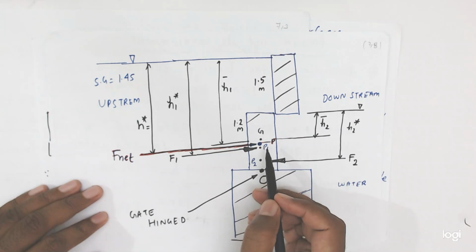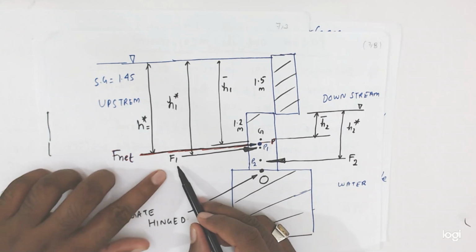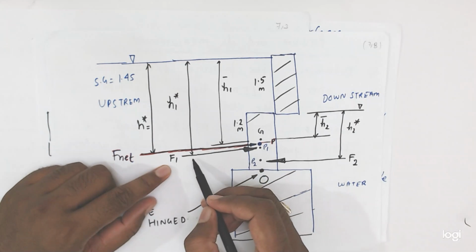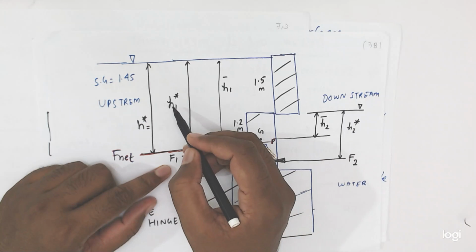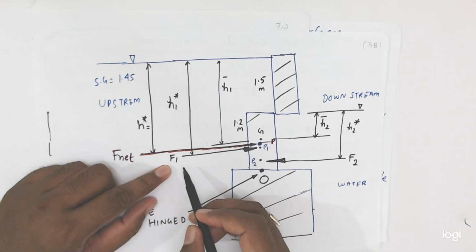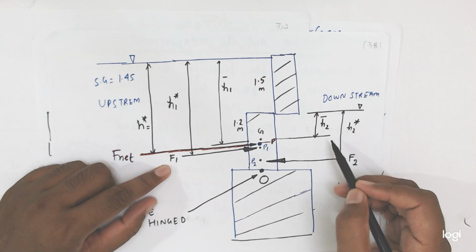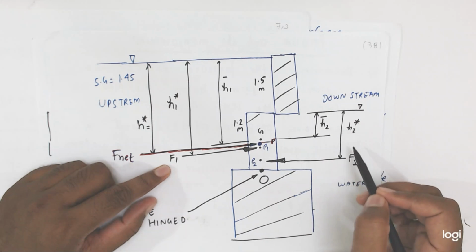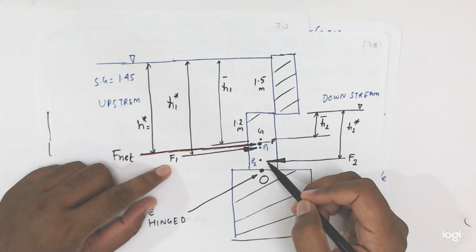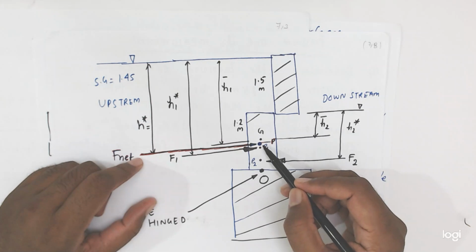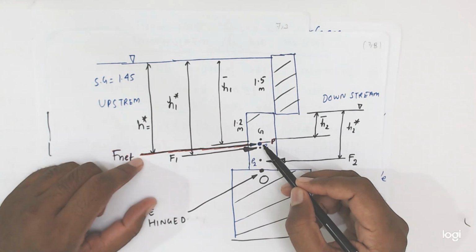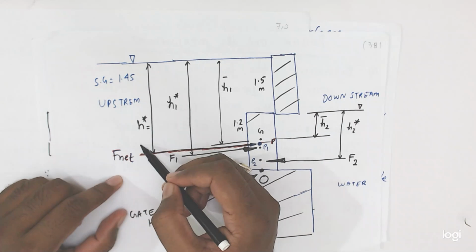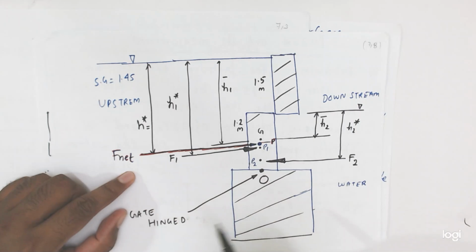I have just shown here, this is the F1 value, which is working at the H1 star, because this H1 star is the center of pressure where the force will work, and from here this F2 is working at the H2 star center of pressure in this direction, and the F net will work on some other point. So this is the H star. This is the center of pressure of the resultant force. Okay, friends.